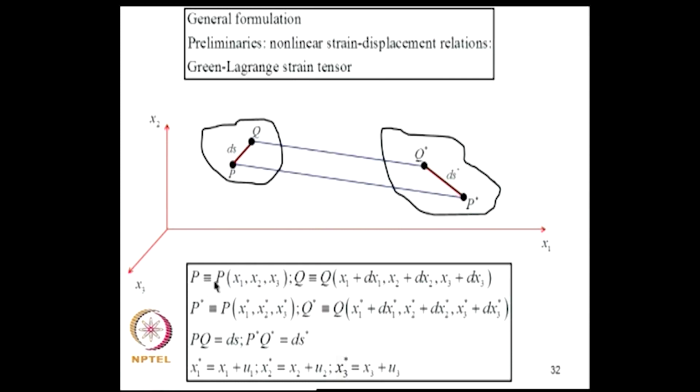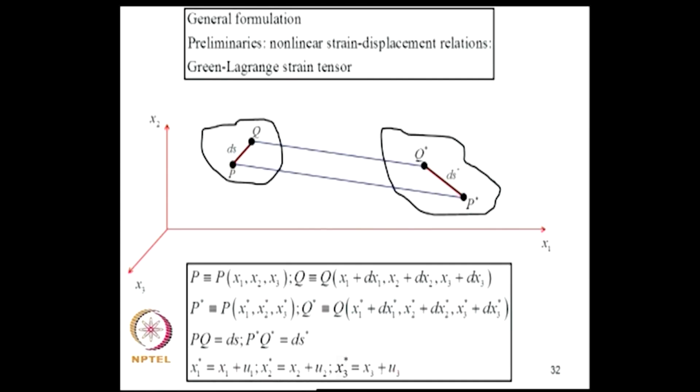So, we will consider P coordinates as x1, x2, x3, and Q as x1 plus dx1, x2 plus dx2 and x3 plus dx3. Similarly, P star and Q star have these coordinates. PQ length is ds, P star Q star is ds star. Now, the displacement field is clearly given by x1 star is x1 plus u1, x2 star is x2 plus u2 and x3 star is x3 plus u3.